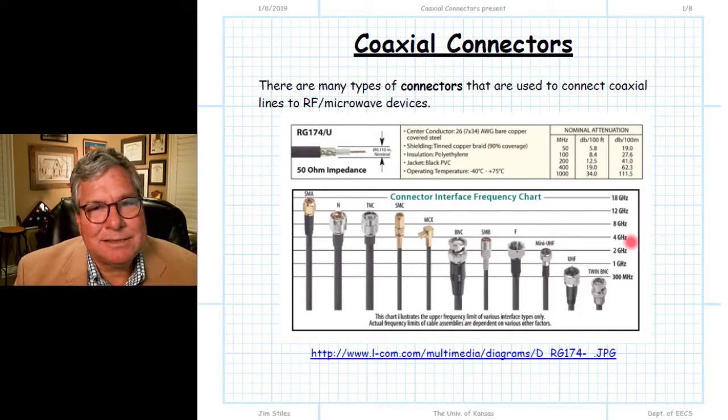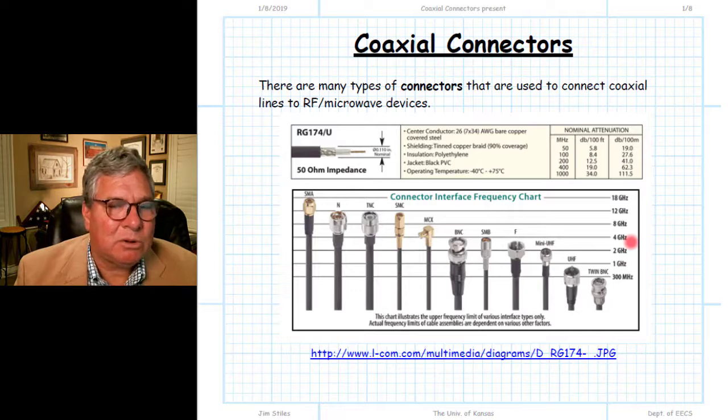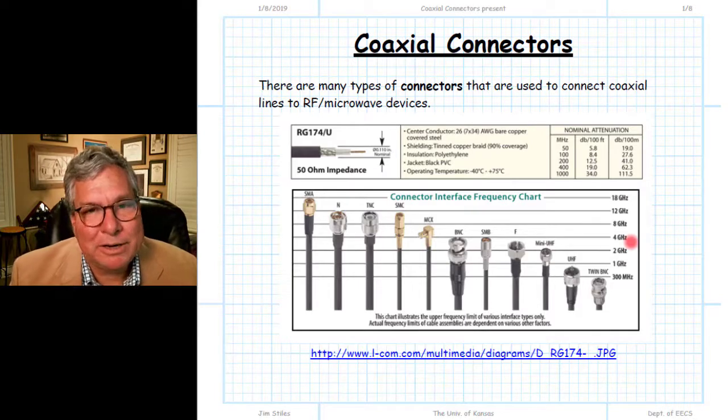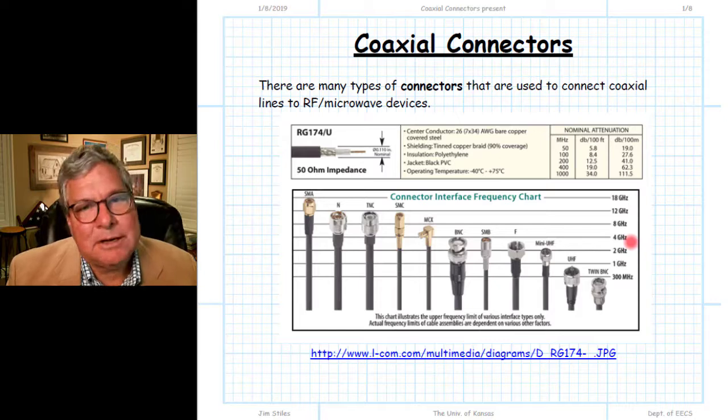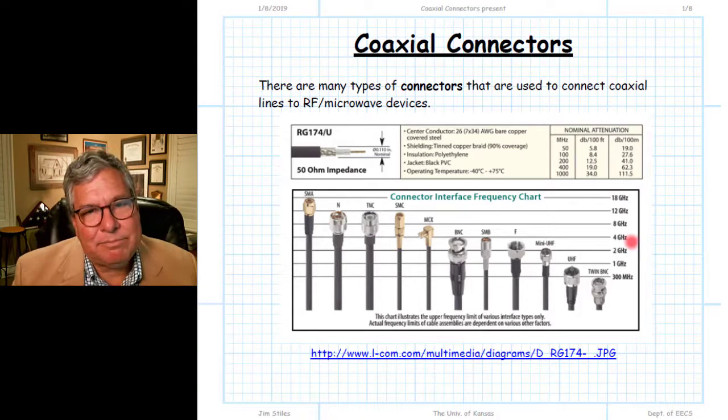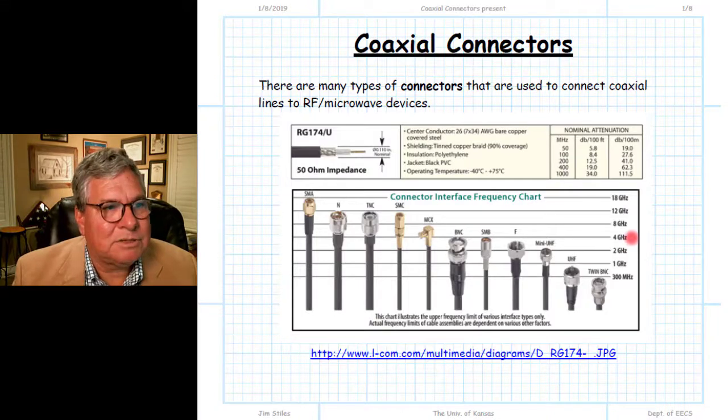This is subjective, I guess, in terms of the upper end. As the frequency goes up, basically the performance will begin to degrade. And by performance, electromagnetically, there will be a discontinuity in the transmission line where the connector occurs as you go up in frequency. But it's not like it's a step function in frequency.